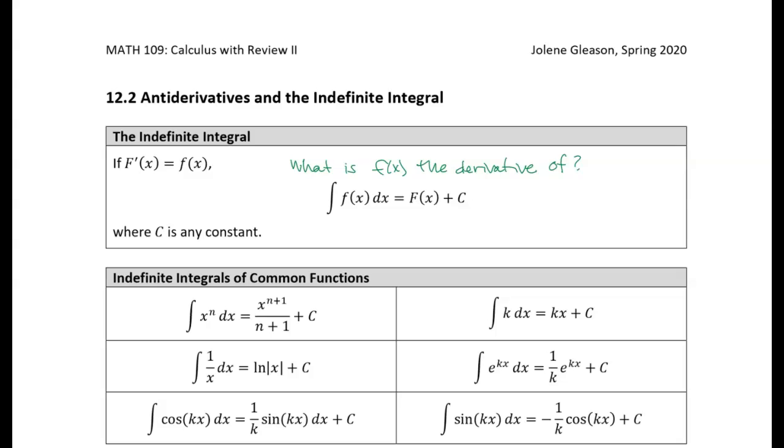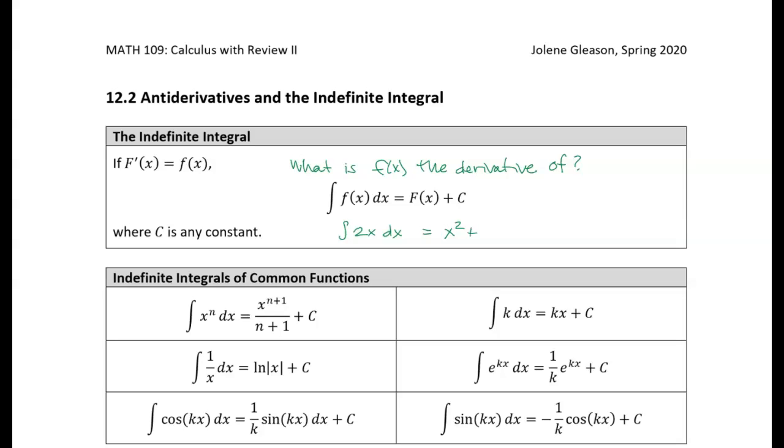So for example, if I said what's the indefinite integral of 2x dx? There are no limits of integration. All I want is the antiderivative. And you know that it had to have come from something like x squared. But, like I said before, it could have come from x squared plus 1, or x squared plus 40, or x squared minus 62. So it could come from a whole family of functions.